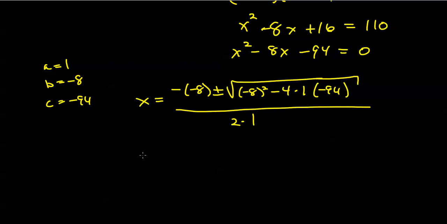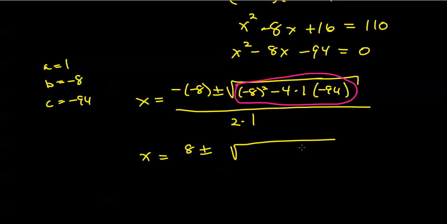So x equals, now simplifying, 8 plus or minus the square root of, if I crunch these numbers together under the root sign, minus 8 squared is 64. Minus 4 times 94, I get a radicand of 440 under the root sign, and that's not a perfect square.